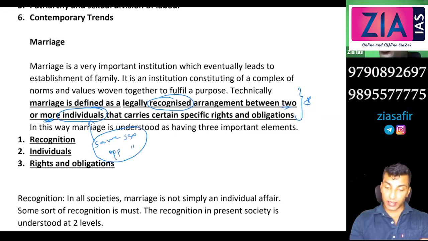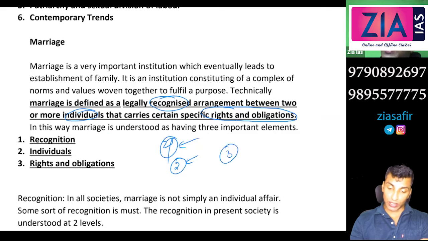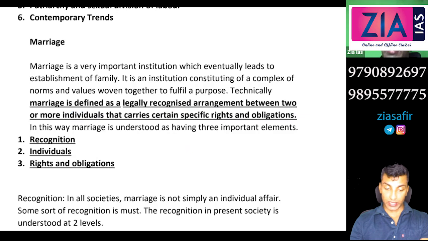And it is not only two, it can be three, it can be four, it can be polygamous marriages also. So recognition, individuals that carry certain rights and obligations. So those who enter into marriage, the two individuals generally of opposite sex, or two individuals of same sex, or if three individuals, whatever it is, they carry certain rights and obligations.